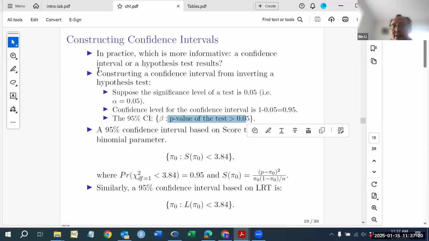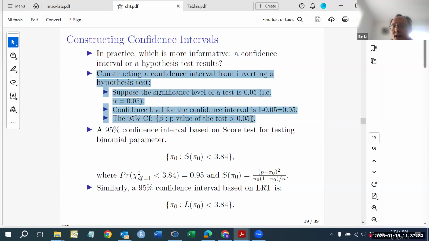So you can see there is a direct relationship between a confidence interval and a hypothesis test. That's why we can conduct the hypothesis test through a confidence interval approach, because the confidence interval is nothing but a set of parameter values that gives a p-value greater than 0.05.